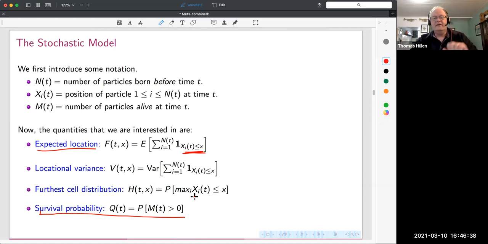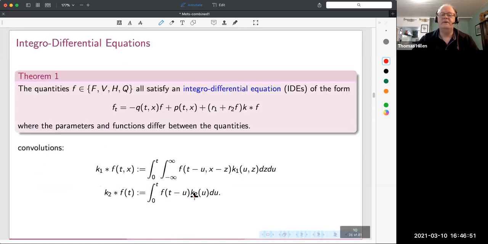And it turns out if we do these macroscopic calculations, we find a very typical equation which holds for all 4 of these. So all 4 of these quantities satisfy more or less the same equation, which is given here. So if we take little f to be any of these, location, variance of the location, furthest particle, or survival probability, any of these f satisfies an integral differential equation of this sort, where you have a decay term here, you have a growth term there, and then you have a non-local term which involves a convolution here.